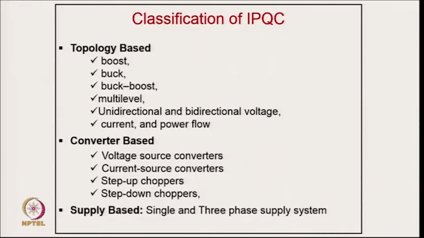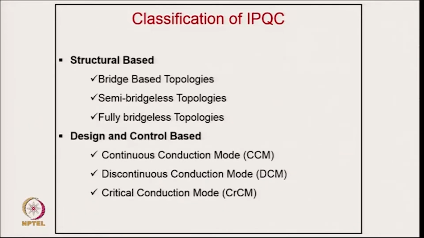Another classification is on the basis of whether you are using voltage source converters or current source converters, or boost converters or buck converters. Another classification is supply based, like single phase and three phase converters. Another structure based configuration can be a bridge based topology, semi bridgeless boost topology, or fully bridgeless topology.